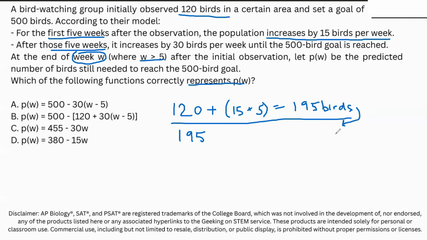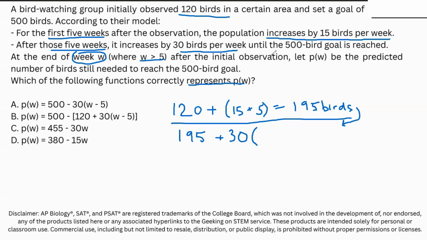We still have the 5 weeks and we have to worry about the population afterwards. So we're going to add the 195 to our week 5 and greater population, which is 30 birds per week.